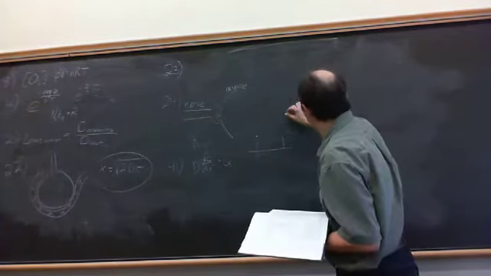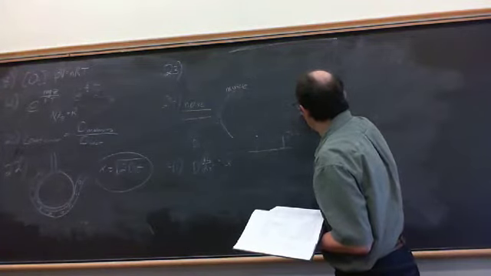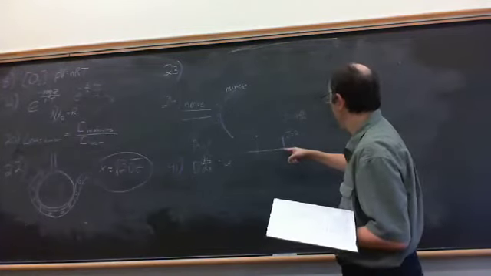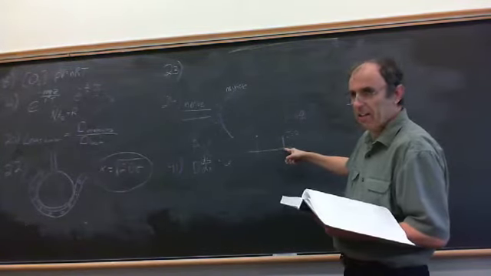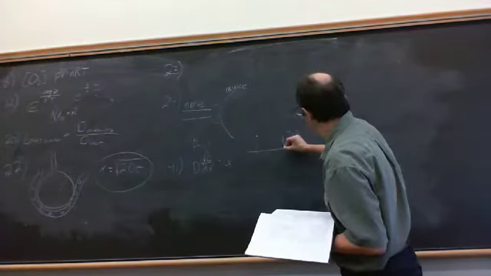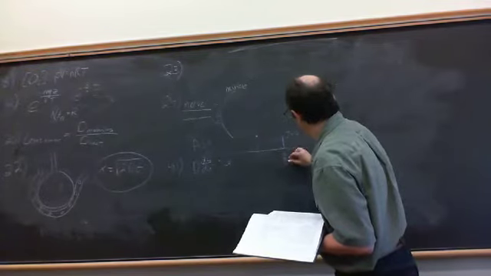And J, remember, was equal to minus D dC/dx. So now you have a problem where you don't know what the concentration is on this end, but the concentration derivative has to go down to 0. So it's dC/dx equal to 0.